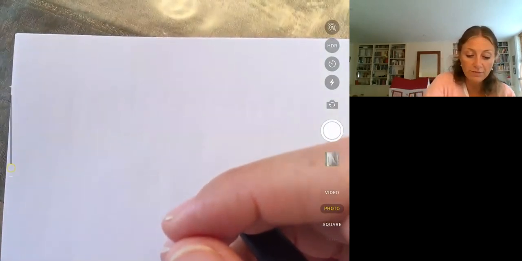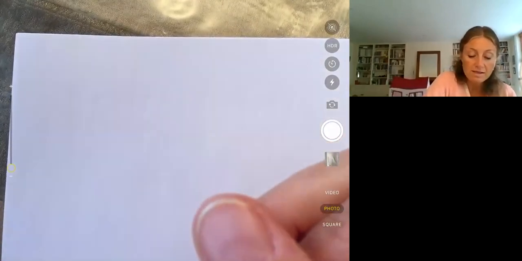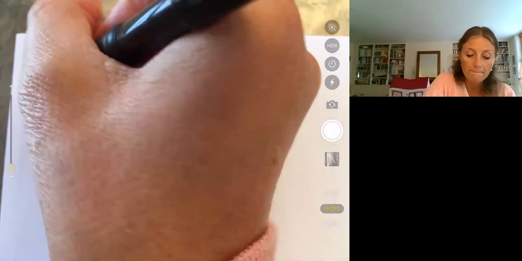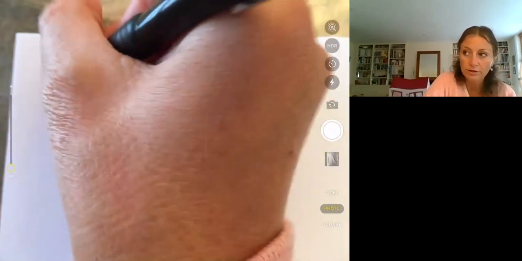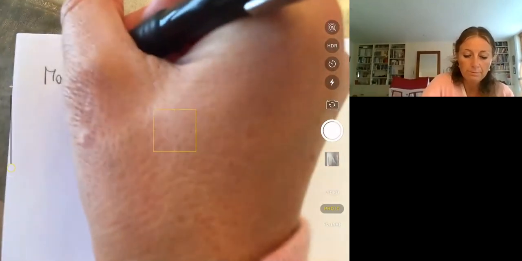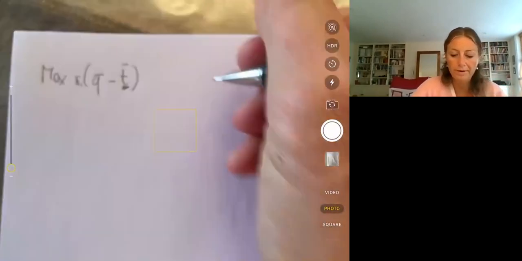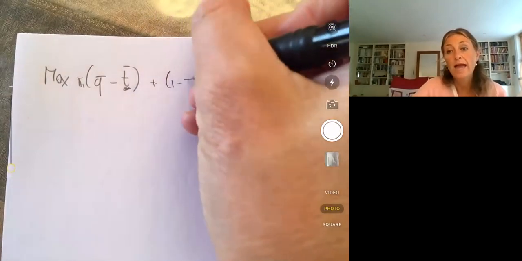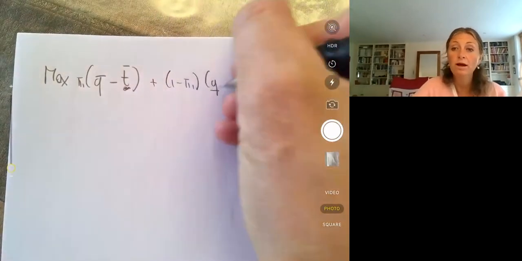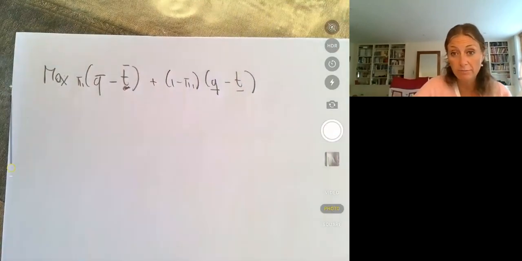So we write down the maximization program first, maximizing the utility function of the principal, landlord now, pi 1 Q upper bar minus T upper bar, plus 1 minus pi 1 Q lower bar minus T lower bar. And we maximize this equation under the constraints that we identified before.